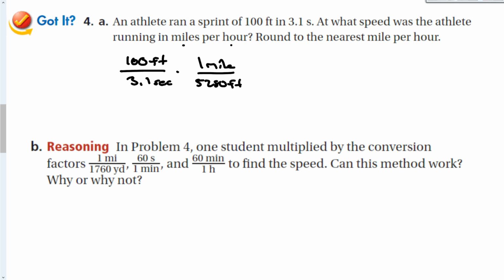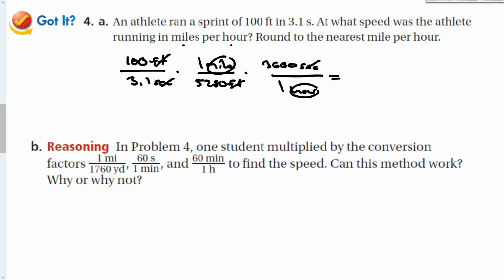Again, if you can't remember that, you can look that up. And in 1 hour, there are 3,600 seconds. Okay? Seconds cancel, feet cancel, and I'm left with miles per hour.